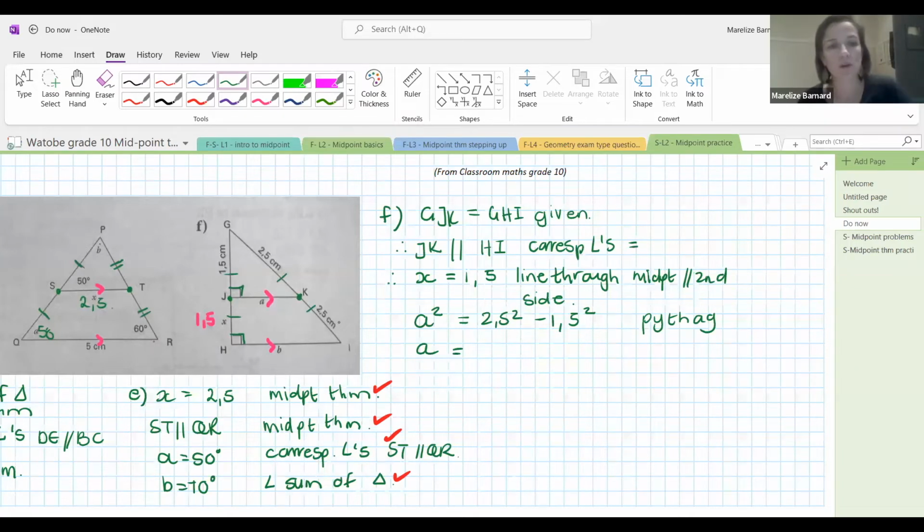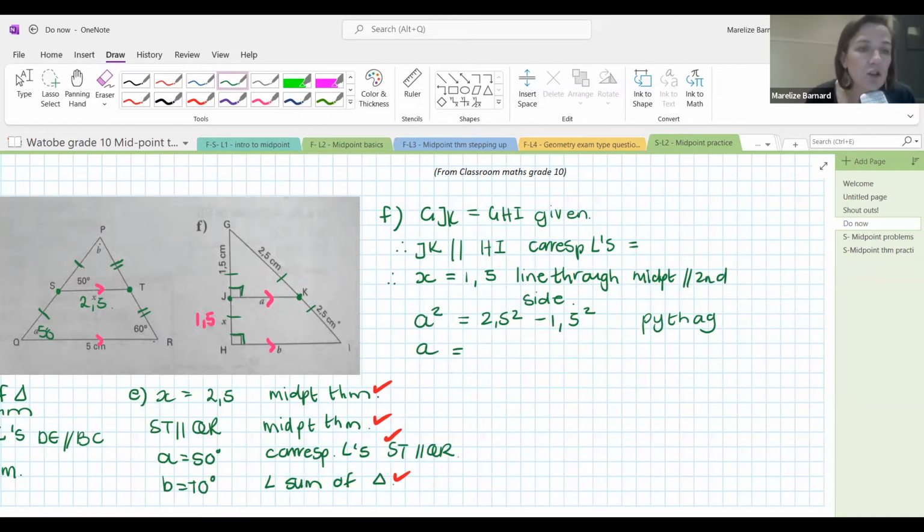Okay, so it's line through midpoint, Garrett, because we have the parallel, we don't have the actual midpoints, we have the parallel sides that's given. That's why.